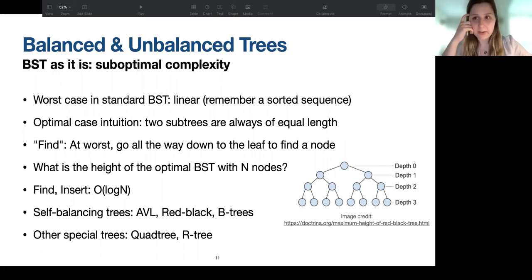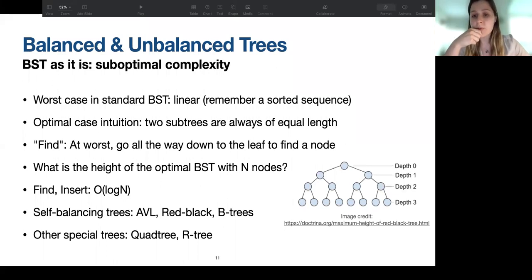And by balanced, let's say that all the subtrees for each of the nodes are always of equal length. If you think of a sorted sequence as a tree, there is, as we agreed, only one child for each node. So one of the subtrees always has length 0, and another subtree can have an arbitrarily big length, which is clearly not what we're hoping for here.